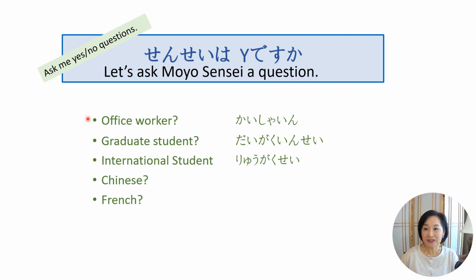Office worker. Please ask me if I am an office worker. いいえ、会社員じゃないです。Okay, ask me this question, graduate student. いいえ、大学院生じゃないです。Alright, then please ask me this one, Chinese.